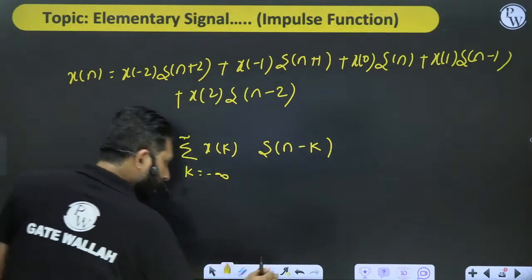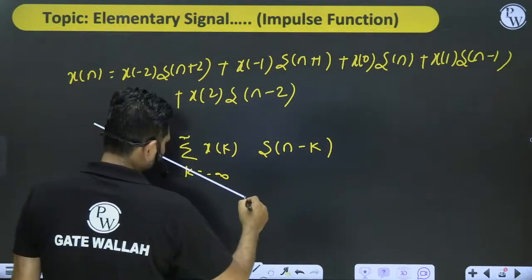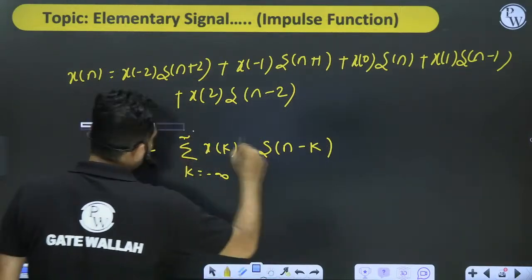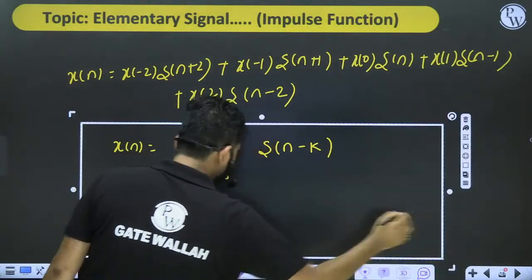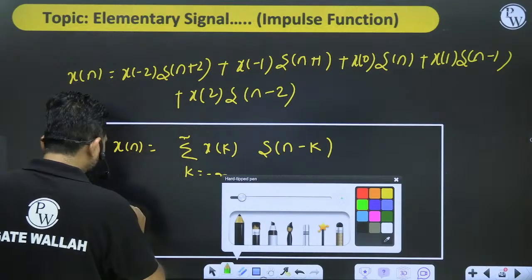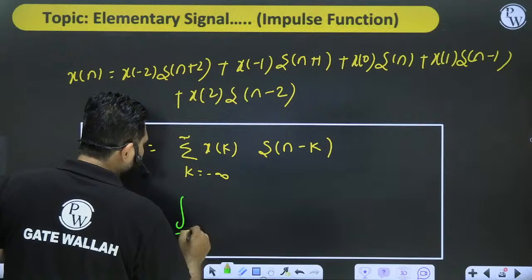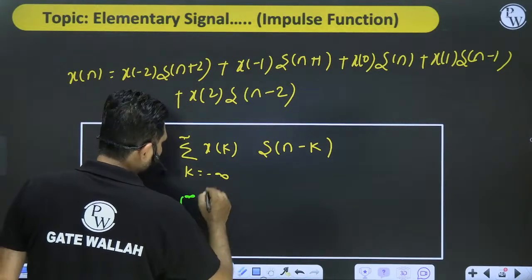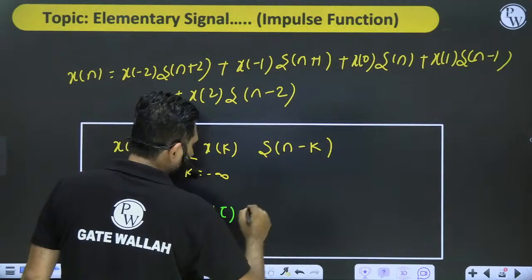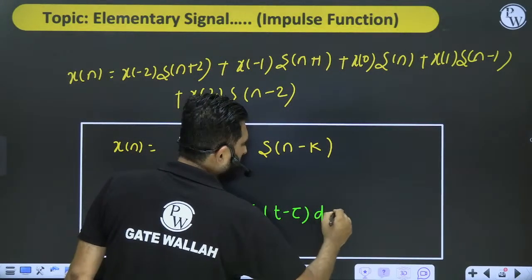And see here, this is same as x(t) equal to the integral from minus infinity to infinity of x(tau) delta t minus tau d tau.